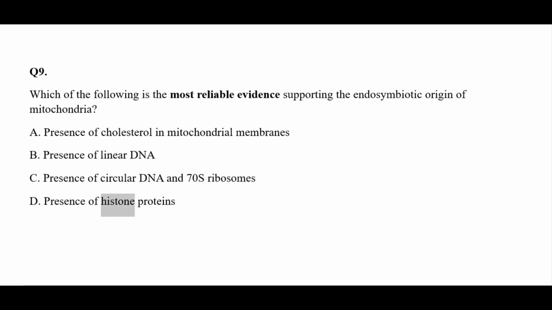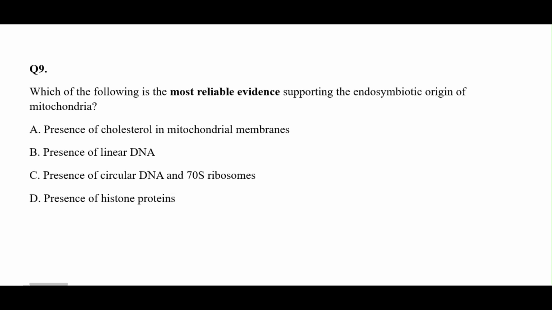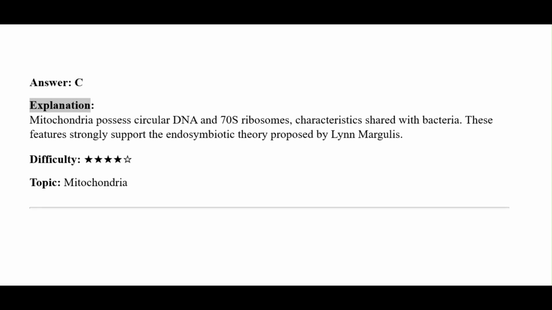D. Presence of histone proteins. Answer: C. Explanation: mitochondria possess circular DNA and 70S ribosomes, characteristics shared with bacteria. These features strongly support the endosymbiotic theory proposed by Lynn Margulis.